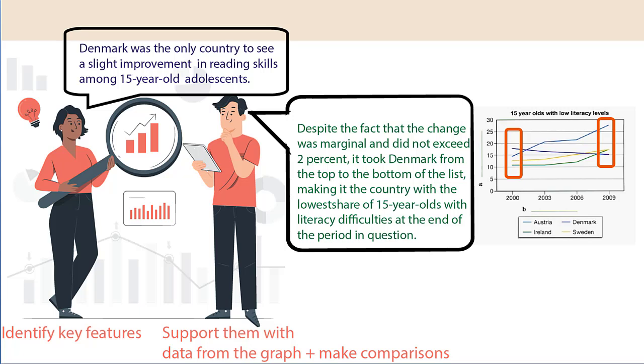As a supporting detail, we can mention that this decline was relatively small, actually from 17 to 15%, yet because of this small decline, Denmark, look, at the end of the period, Denmark became the country with the lowest number of teenagers with poor literacy skills, even though at the beginning of the period, it had the highest number of adolescents struggling with reading and writing.